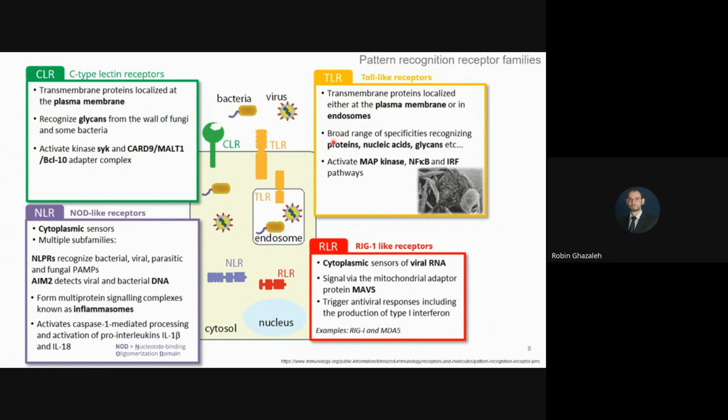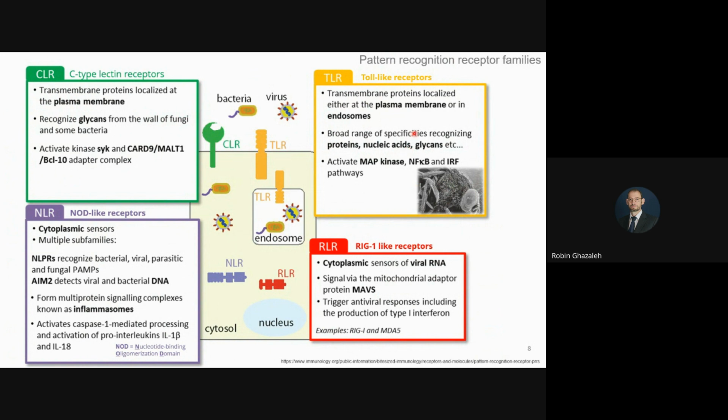Okay, and the toll-like receptors are unusual and they have a very, very broad range of specificities. They can recognize proteins, nucleic acids, glycans, and other things. Glycans, what's a glycan? Glycan is basically a polysaccharide.